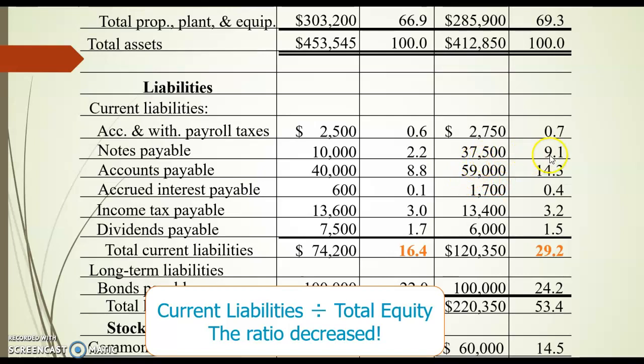So again, we would have already investigated that back in our horizontal analysis. Also, our accounts payable went way low, and we discussed that already as well. Okay. And our dividends payable went up a tiny bit because we had a good year and we're giving more dividends out to the investors.